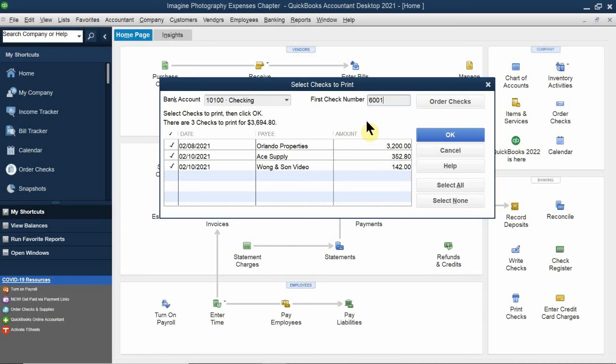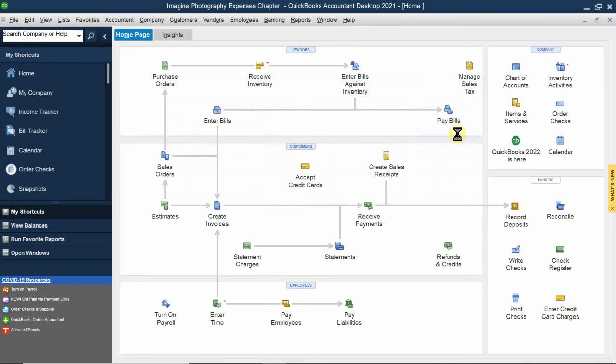If I want to start my checkbook from Intuit with check number 6001, that means I have to be consistent in going through with that number. So in this case, 6001 is good. Now I'm going to click OK. So I have 3 pending checks.